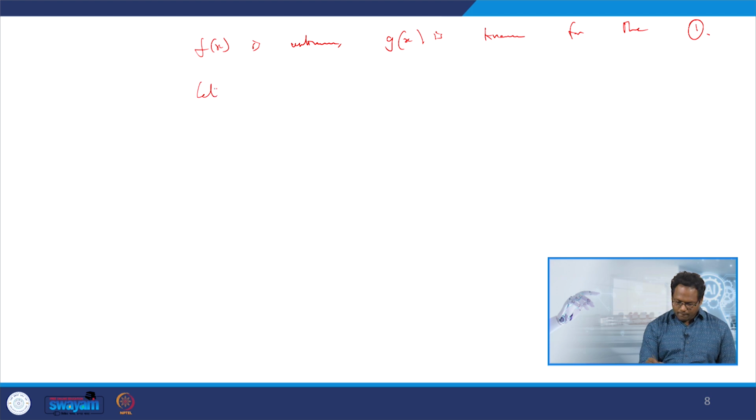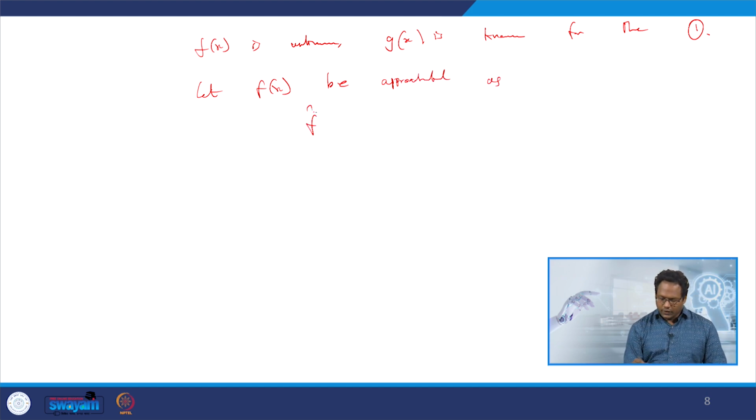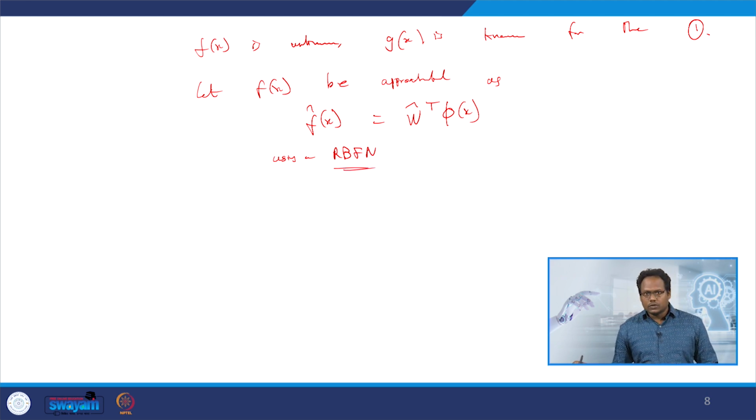So, let f of x be approximated as f hat of x, which is equal to w hat transpose phi of x using a radial basis function network, because the output of the radial basis function network is given by the product of phi of x, which is the output of the hidden neurons, multiplied by the weights connecting the hidden layer to the output layer. Those are the estimated weights, that is why it is w hat.